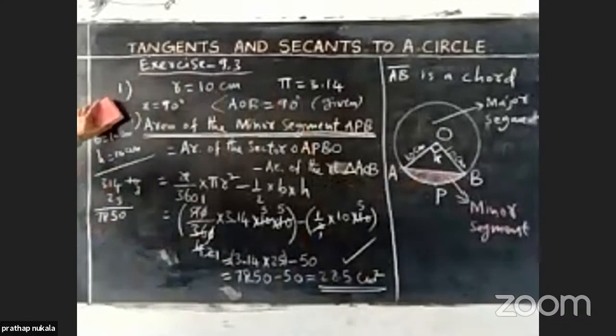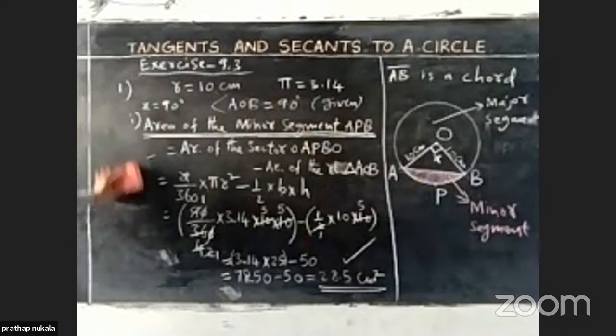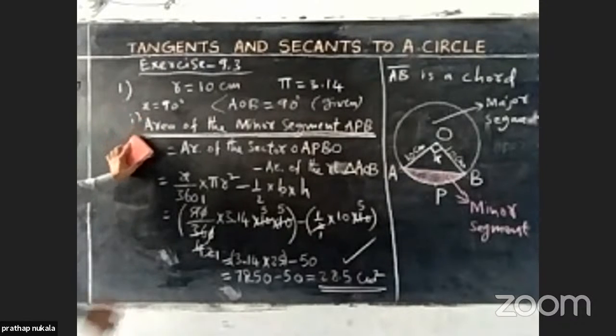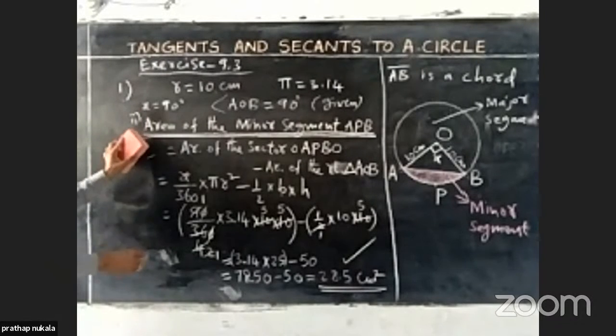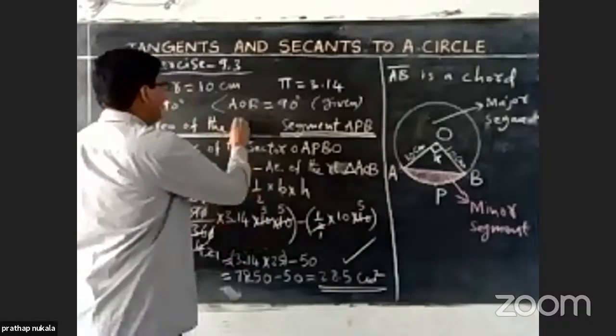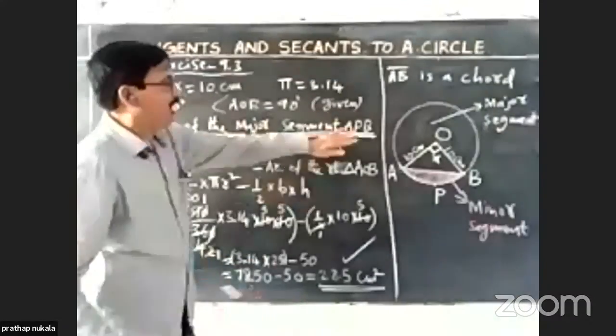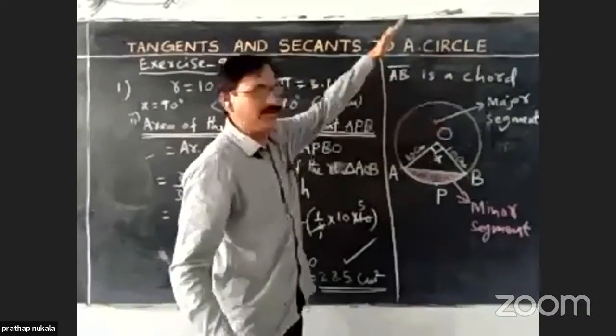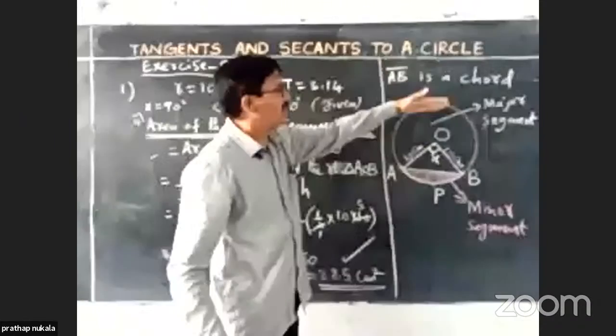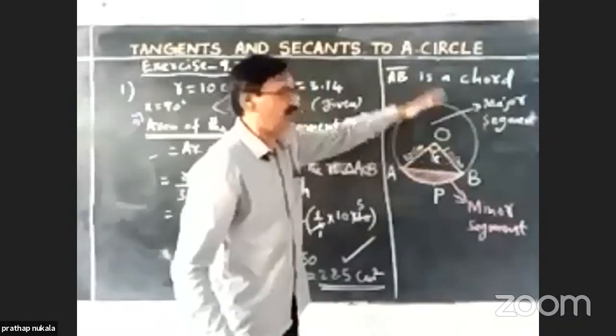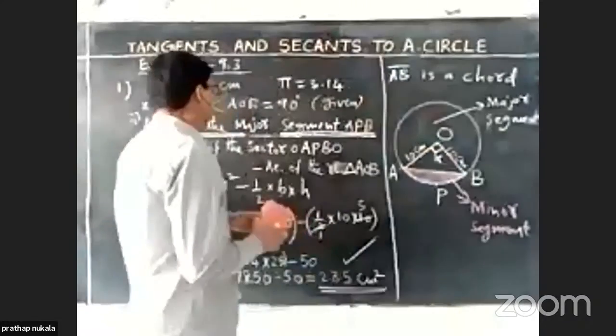Now, second bit. Going to solve the second bit: area of the major segment. We have to find the area of the major portion or major segment above the chord AB, the portion of the circle above the chord AB. That is the major segment.